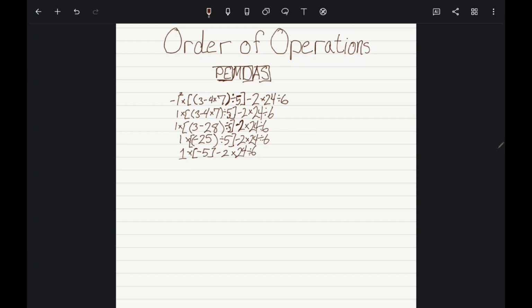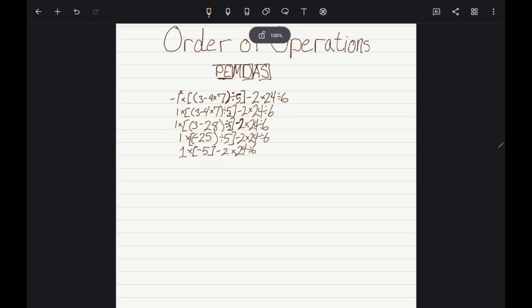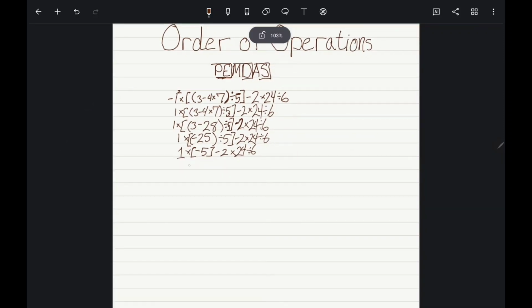So we do have multiplication at the left here. So we're gonna have 1 times -5, and a positive times a negative does give you a negative. So that equals -5 minus 2 times 24 divided by 6.